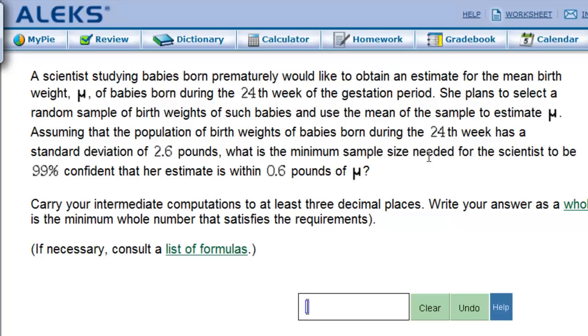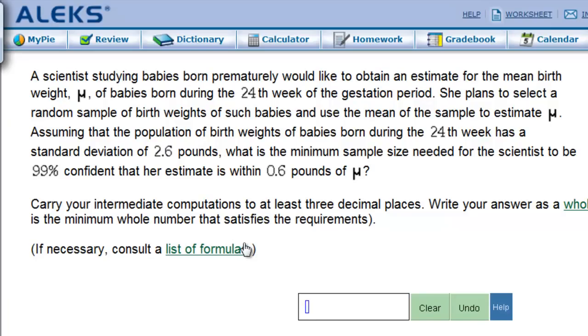What is the minimum sample size needed for the scientist to be 99% confident that our estimate is within 0.6 pounds of mu? So I hope you wrote down that formula a second ago.